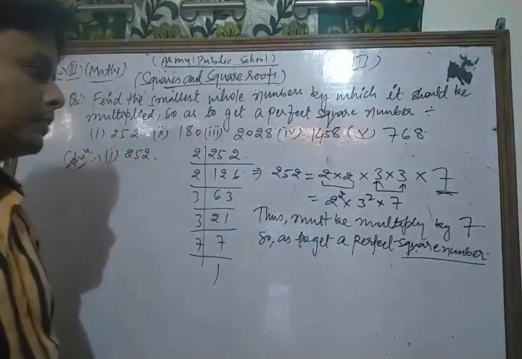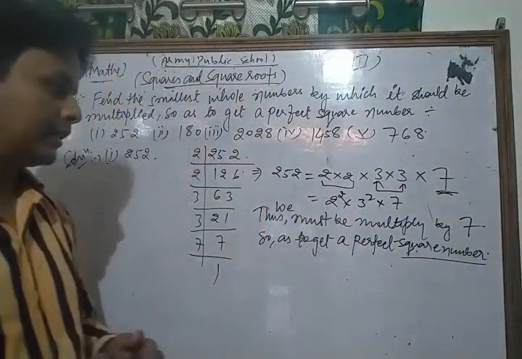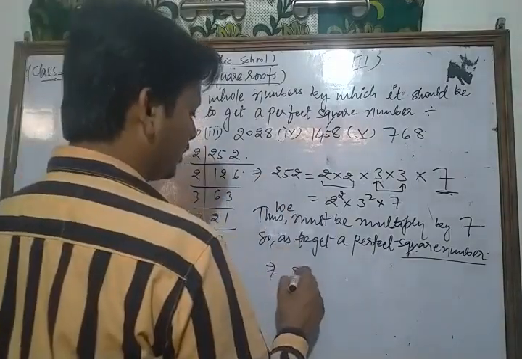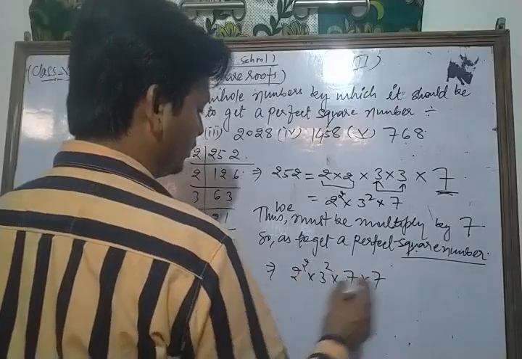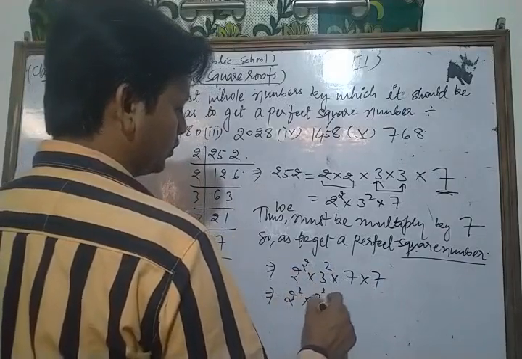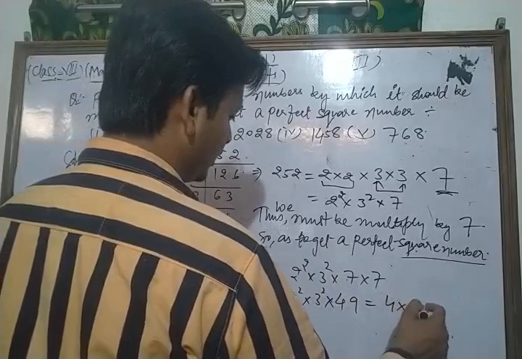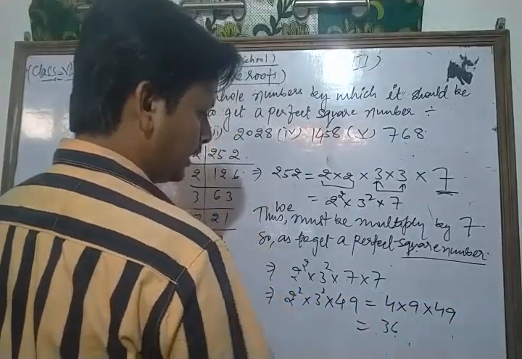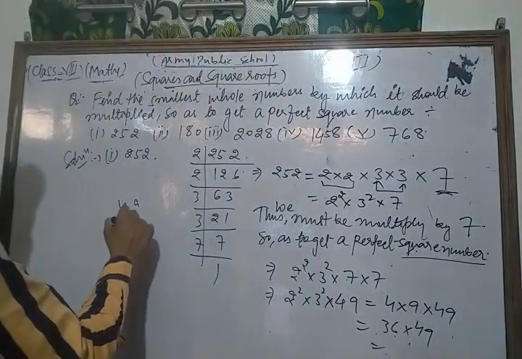That number will be 2 square into 3 square into 7 into 7. So we get 2 square, 3 square, into 7 sevens are 49, 2 twos are 4, 3 threes are 9, so 4 nines are 36, into 49. That number will be 49 into 36.